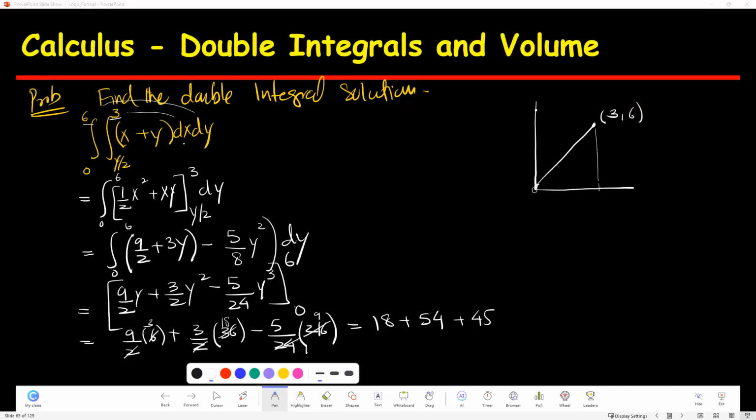Right, and this one, sorry, is going to become with minus sign. Okay. 54 plus 18 minus 45, going to be 27. It's going to be 27, my bad.